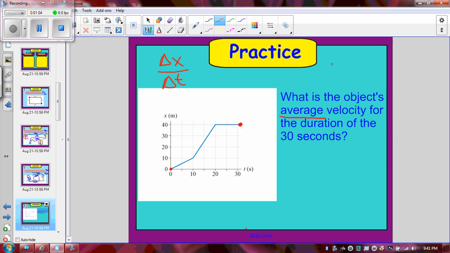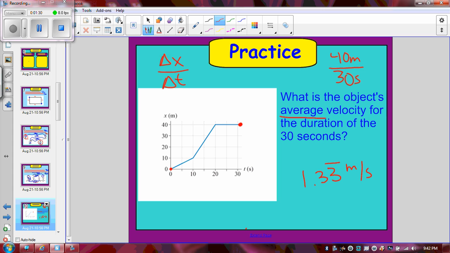And so the delta x would be 40 meters. Now, what time does that take place in? Well, the time, like we said in the problem, is 30 seconds. So the average velocity is 40 divided by 30, or in other words, approximately 1.33 repeating meters per second.